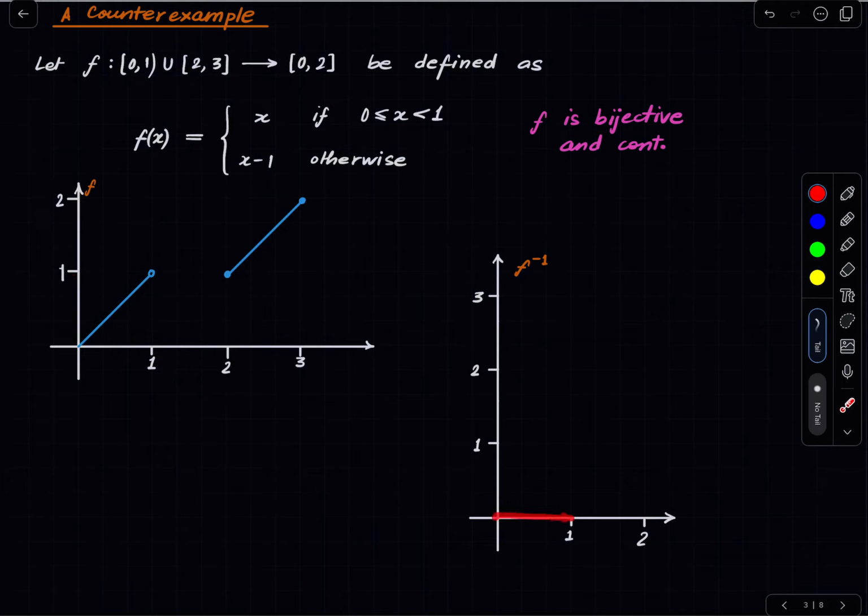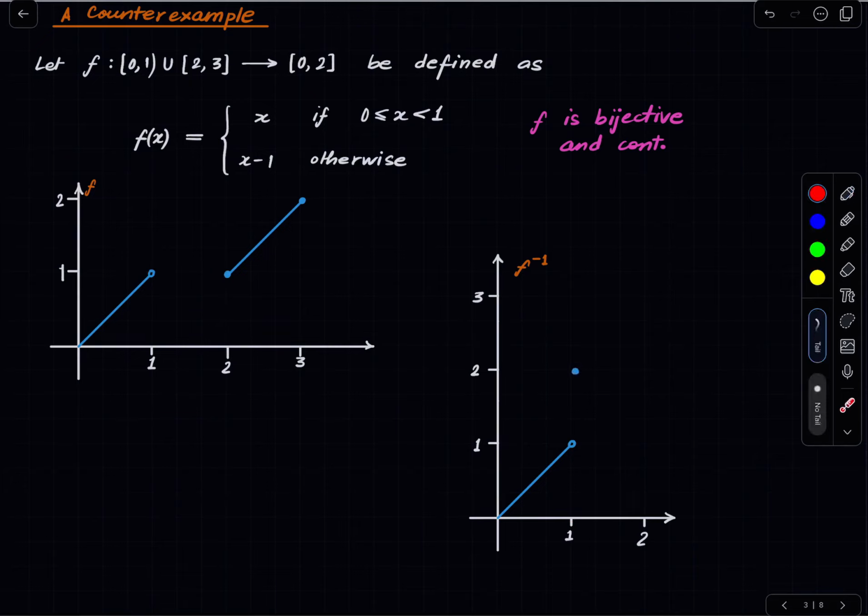So in this region, it will map that way, just the line y equals x. Difficult to draw an accurate figure, but I guess this will have to do. And when I'm choosing the point 1, I get 2 as the image. So the inverse image of 1 is 2.